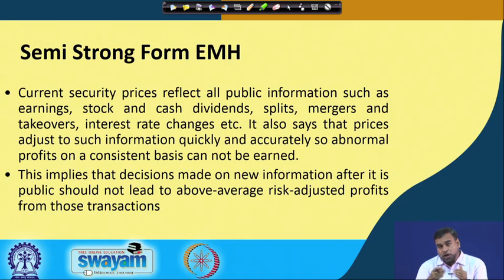Therefore, if all the information coming publicly can be used by everybody, then at no point of time can any group of people get a very high return from the market. That is the basic notion of the semi-strong form of the efficient market hypothesis.